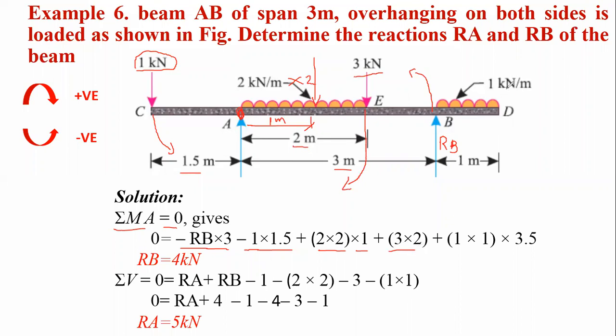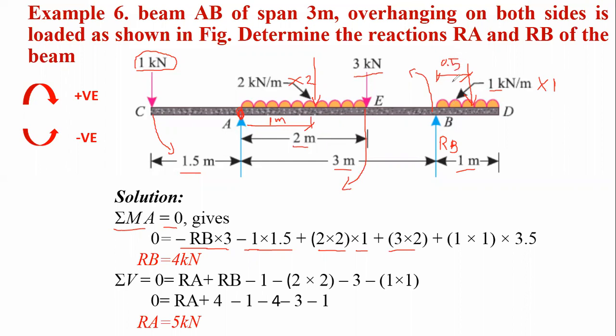Now the remaining is the UDL. Convert this UDL into point load, that is 2 into 1. No, sorry, 1 into 1. 1 is intensity and 1 is the span. It will be located at half of this distance, it becomes 0.5 over here.